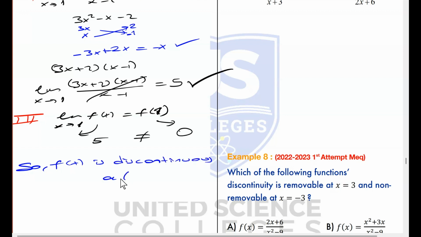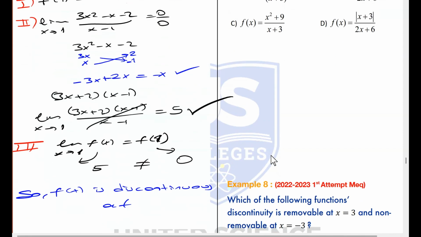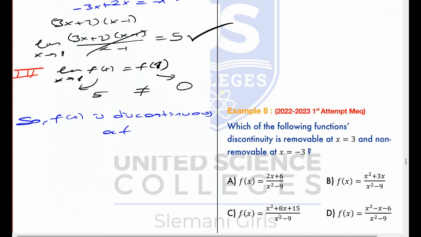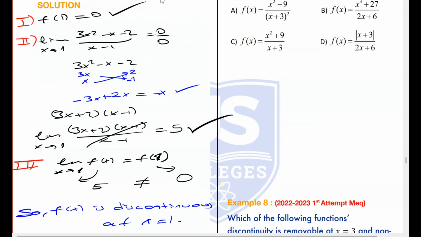At what? At the given point. We don't look for other points, just the given point. The breakpoint is 1. f of x is discontinuous at x equals 1. So x equals 1 is the point of discontinuity. The function is continuous everywhere else. See, the first condition is satisfied, the second condition is satisfied.